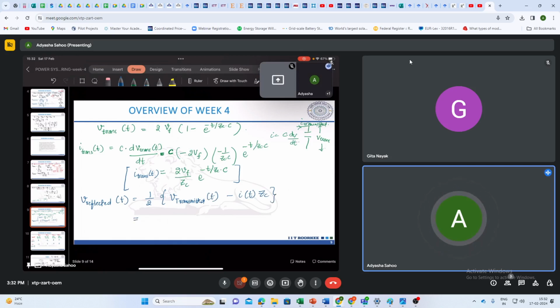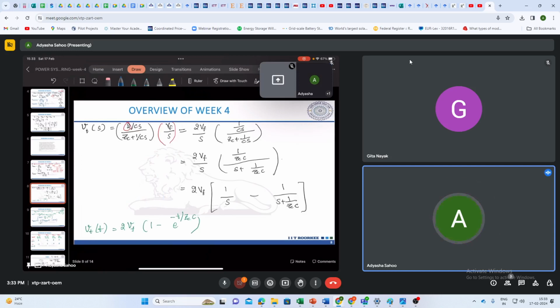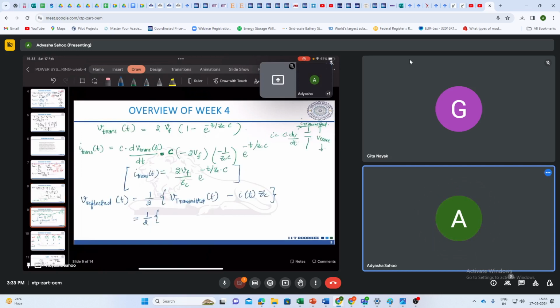So basically half of what was V transmitted, it was 2V_F(1 − e^(−t/Z_C C)) minus, from here, I_T into Z_C, you can say it is 2V_F e^(−t/Z_C C).